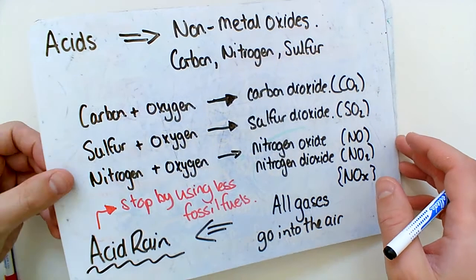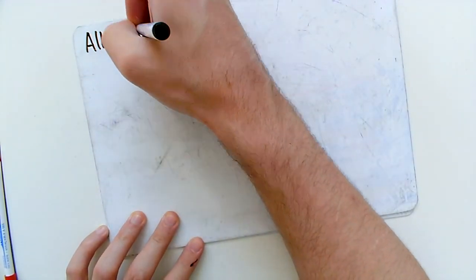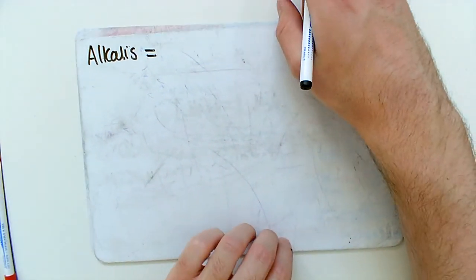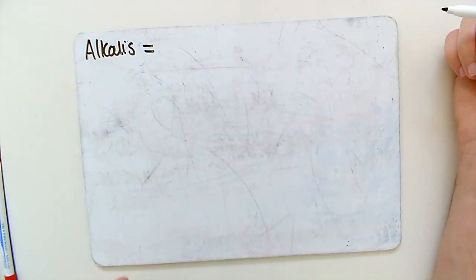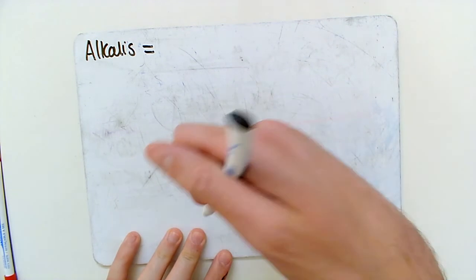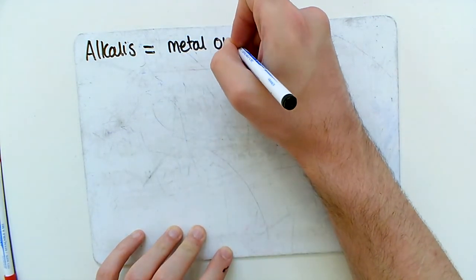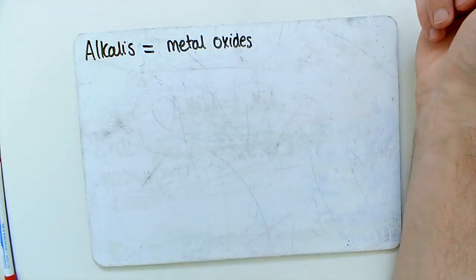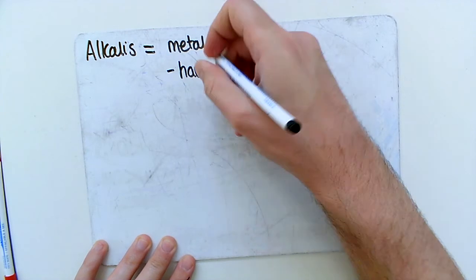Now what we're going to look at is alkalis. The rule for acids was that non-metal oxides produced acids, but for alkalis it's metal oxides. But there is a special rule as well.